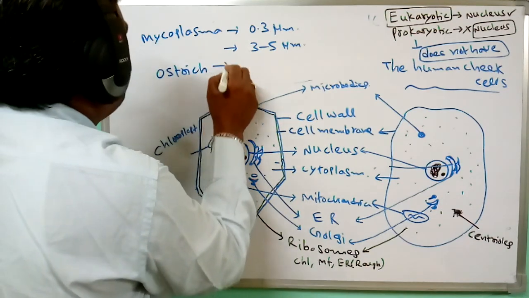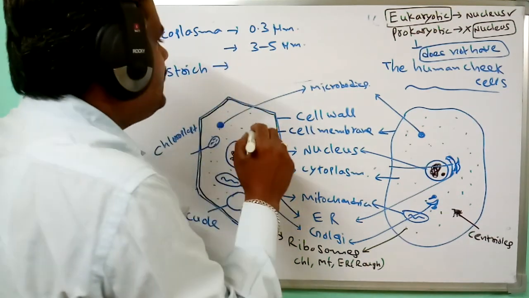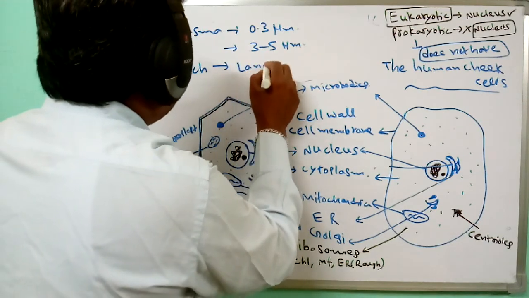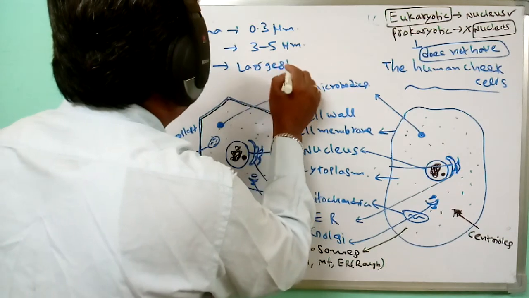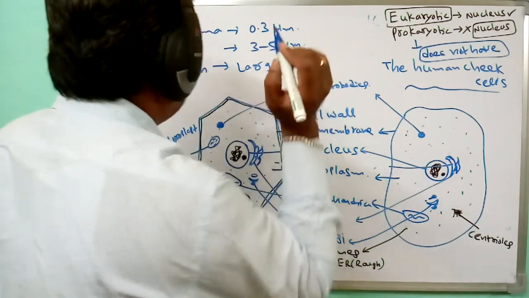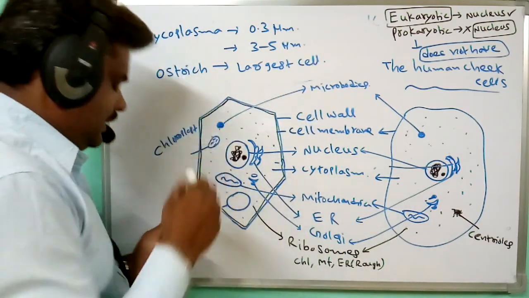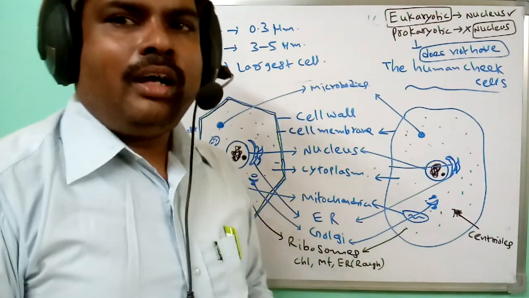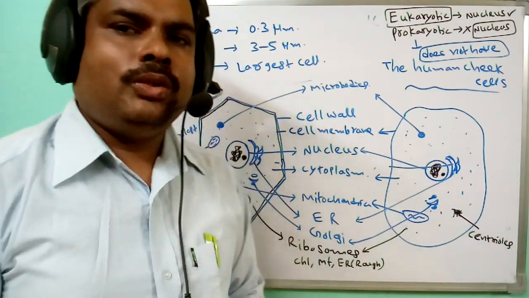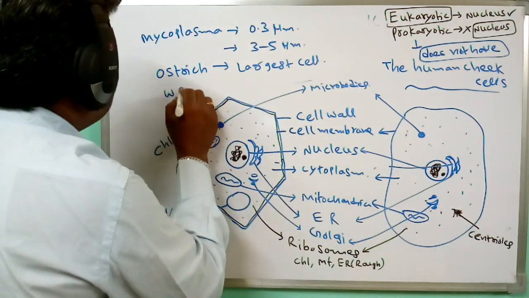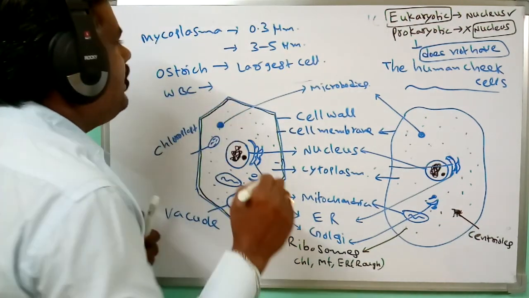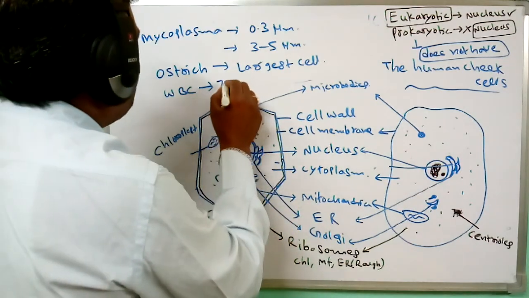When we are observing an ostrich egg, it is the largest isolated cell observed in the animal world. When we are observing eukaryotes, that is human beings, the white blood cells, the WBC, are generally around 7 micrometers.